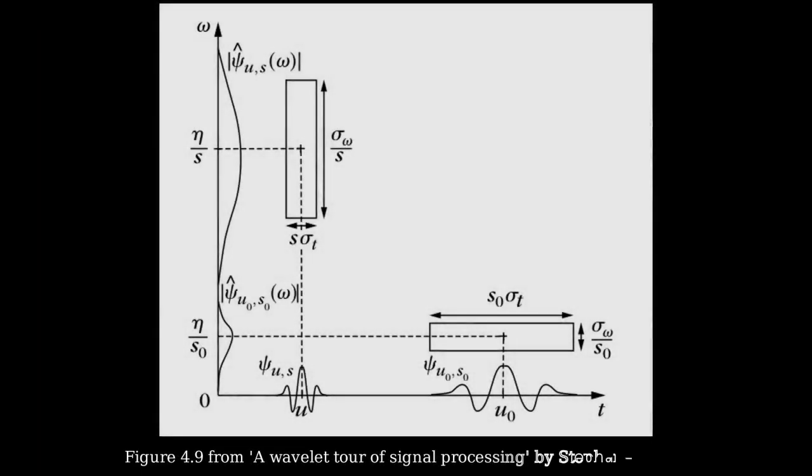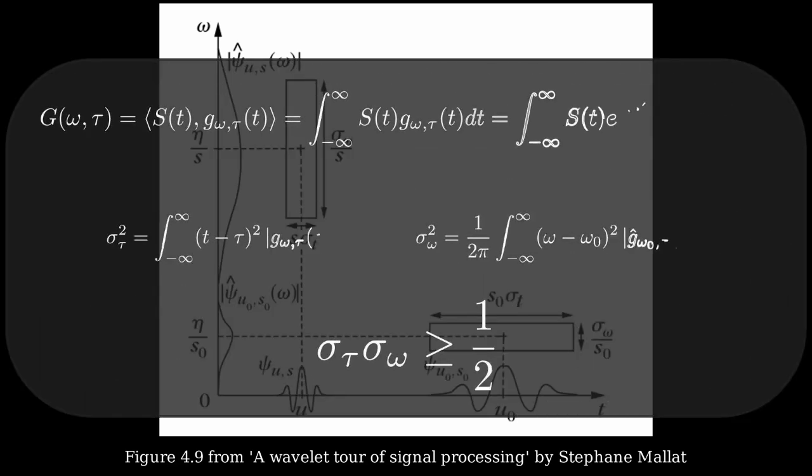In the book I've been referencing throughout this project, A Wavelet Tour of Signal Processing by Stephane Mallat, they give a nice figure for time-frequency uncertainty. These are called Heisenberg uncertainty boxes. The figure shows that while maintaining a constant area, you can choose more time or more frequency resolution, but not both. Together you get a lower limit to what your resolution can be dictated by these equations.